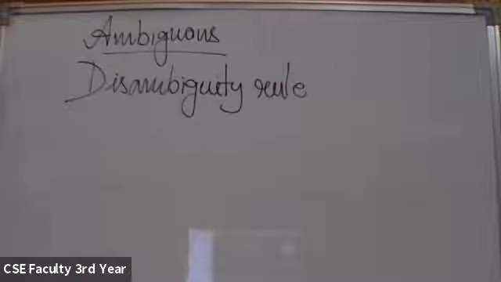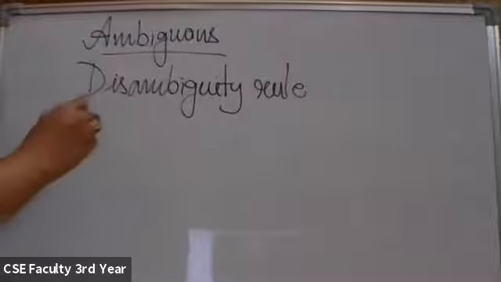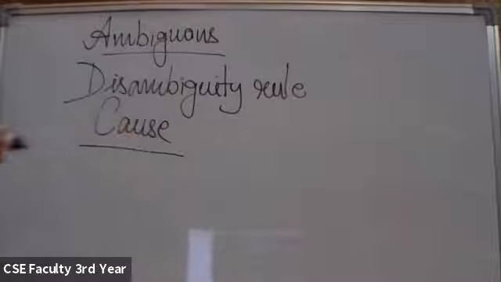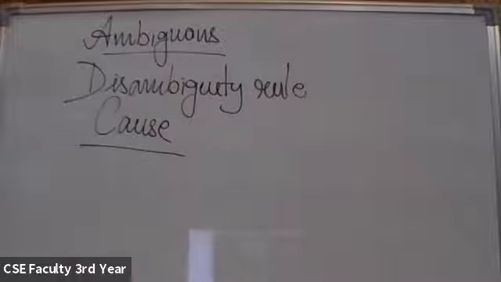So what is ambiguity? Actually, for a grammar, in case of parsing, it is a problem. And whenever you deal with a problem, you first understand what is the cause of the problem. So here also, we will try to find out what is the cause that it is giving us multiple parse trees.